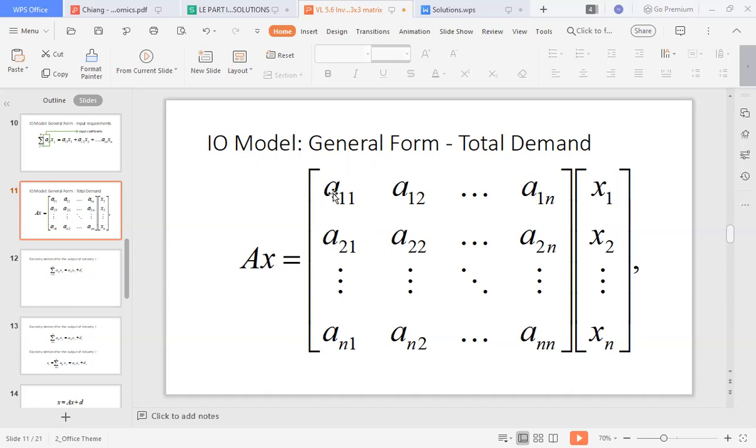So these coefficients are the input requirements of each industry. For example, it's understandable that we're dealing with an IO model. So this would be industry 1, this would be industry 2, and this would be industry 3.